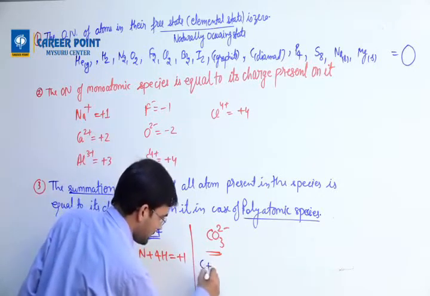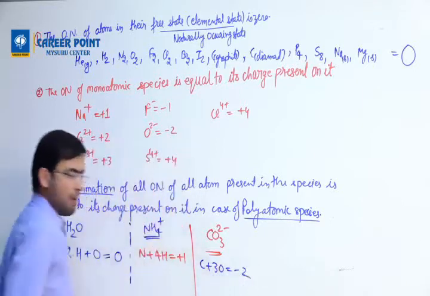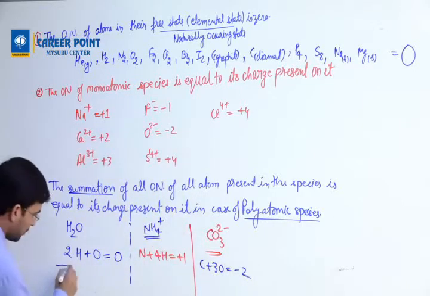Correct. C plus 3O equals to minus 2. Easy. But do one more. Okay, try to do this one.